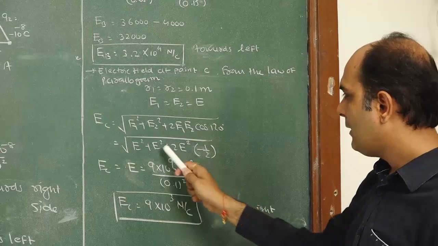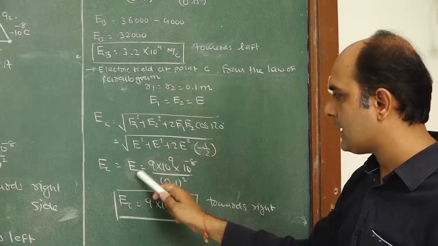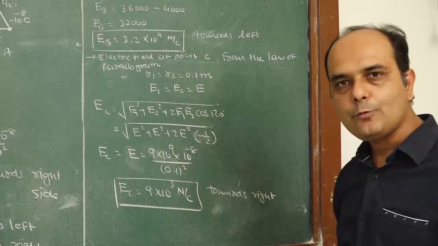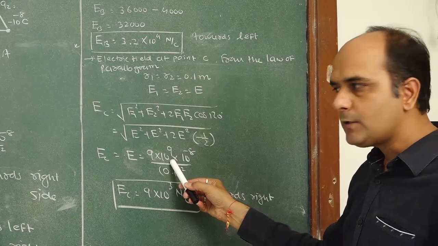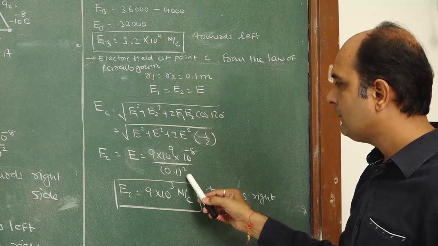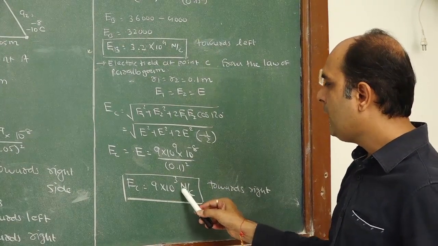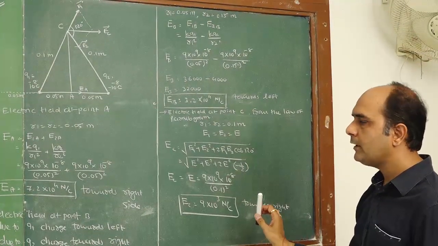The 2 cancels, and E square minus E square cancels, only E square remains, and out of the square root it is E. Now the electric field due to point charge is kq by r square. The value of k is 9 into 10 raised to 9, the charge q is 10 raised to minus 8, and the distance r is 0.1 square. By calculating, the answer is 9 into 10 raised to 3 Newton per coulomb, and this electric field acts towards the right side. Okay, now the example is completed.